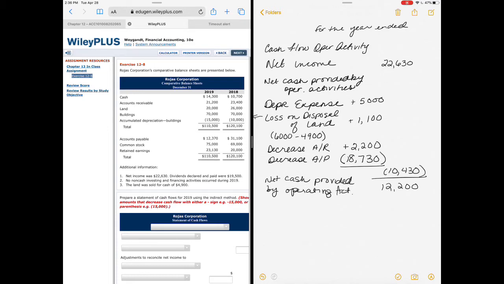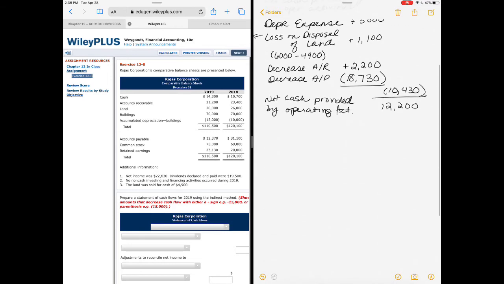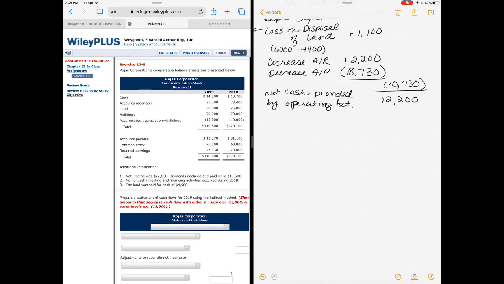Now we're going to look at the investing section. In the investing section, again, we're looking for changes really in that property, plant, and equipment, or long-term assets. So first, the thing we want to do is just label cash flow from investing activities.